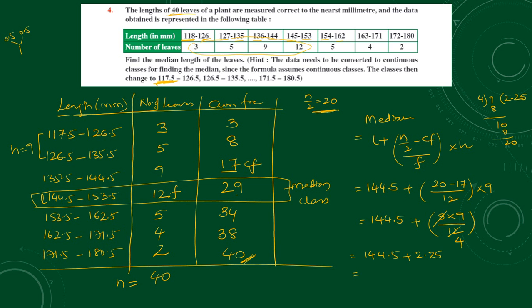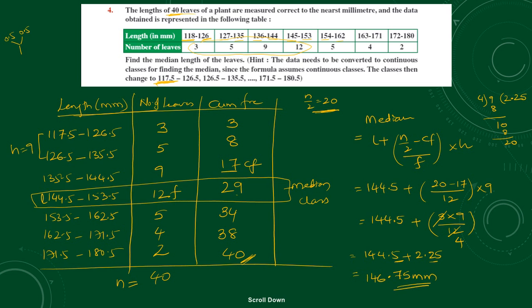Now when I add this, 144.5 plus 2.25 gives 146.75 as my answer. This is nothing but the median of these leaves.